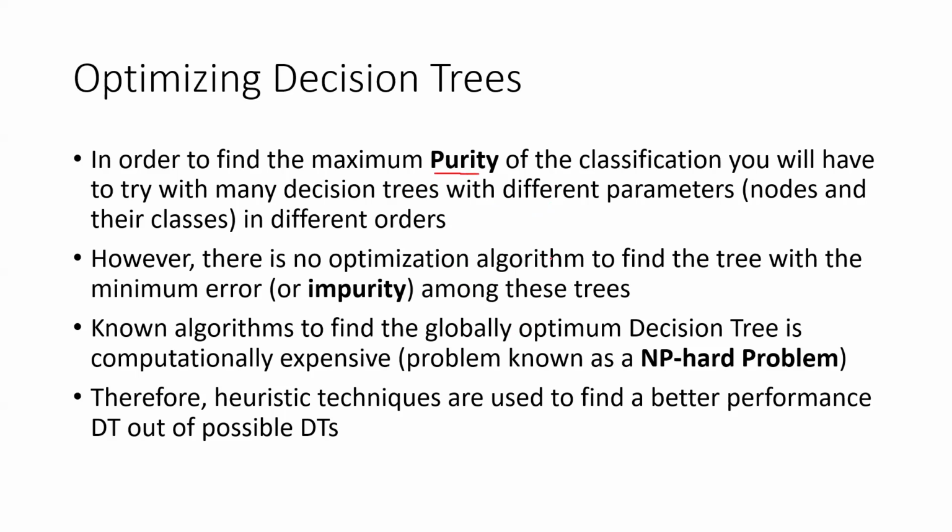So it's a problem of optimizing for reducing the impurity or increasing the purity, right? This impurity can also be considered as the error in decision trees.